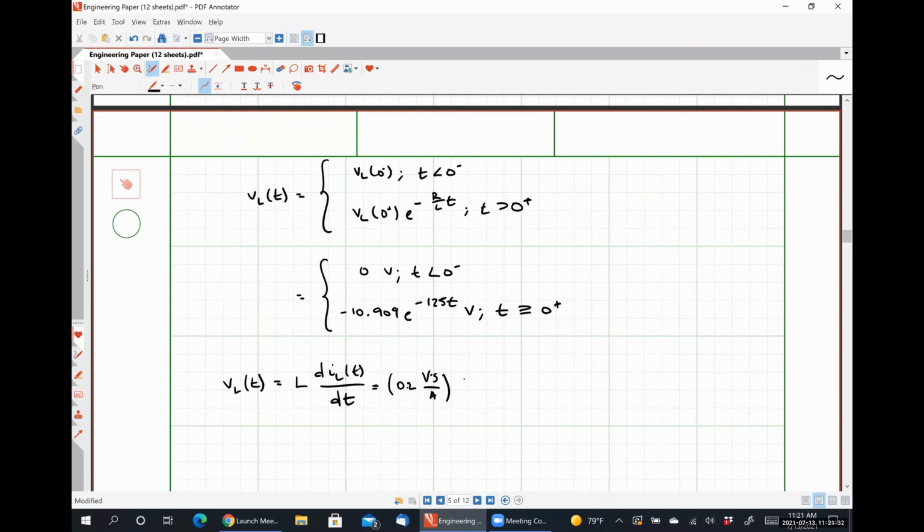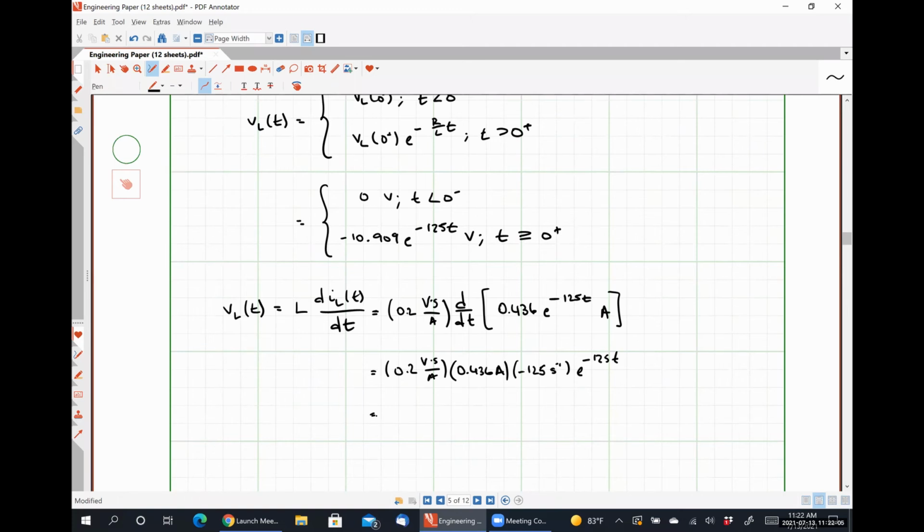Times the derivative of 0.436 e to the minus 125 t amps. That's going to be 0.2 volt-seconds per amp times 0.436 amps times negative 125 per second e to the negative 125 t.